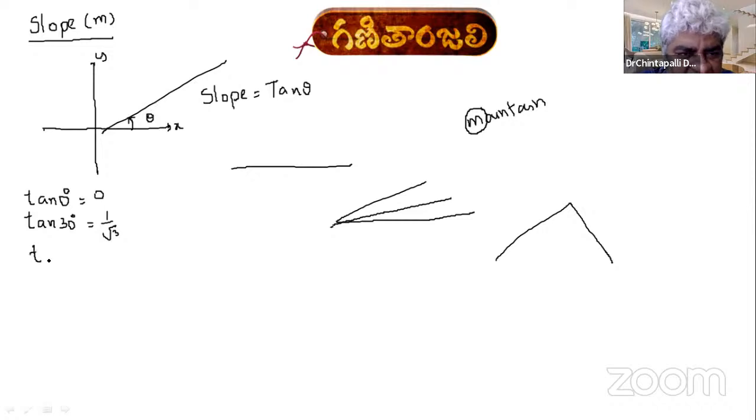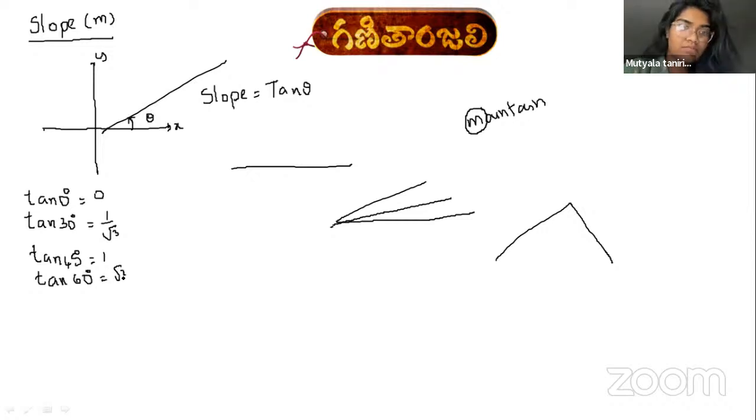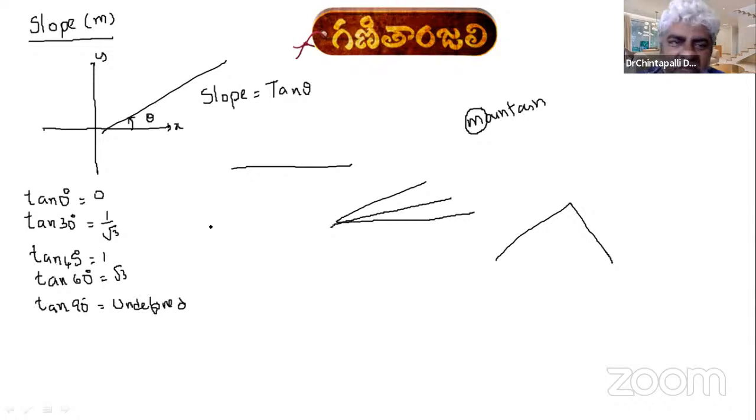Tan 45 degrees is equal to 1. Next, tan 60 degrees is equal to root 3. Tan 90 degrees is undefined. Right?